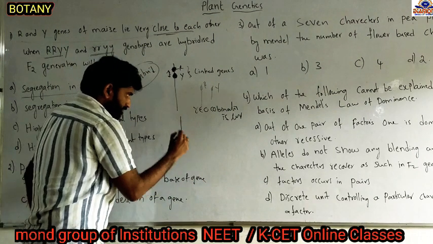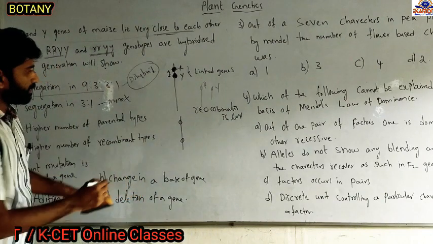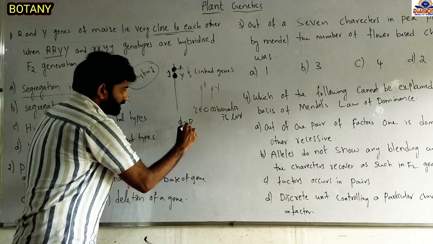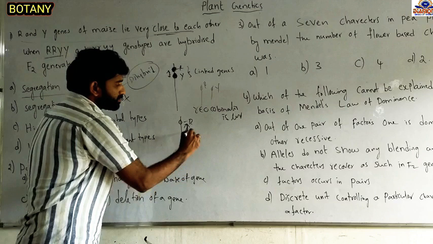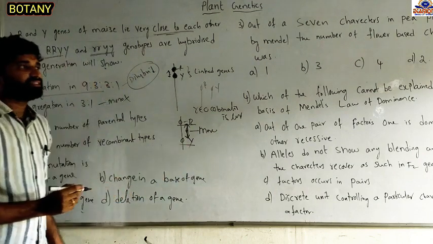If the two genes, capital R and Y, are on the same chromosome but the distance between them is more, they are easily separated and easily segregated.